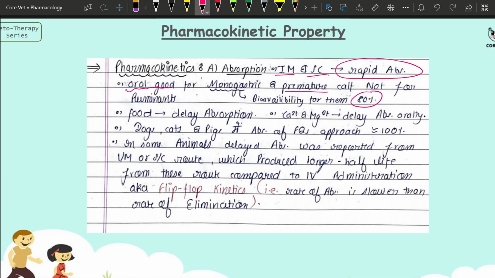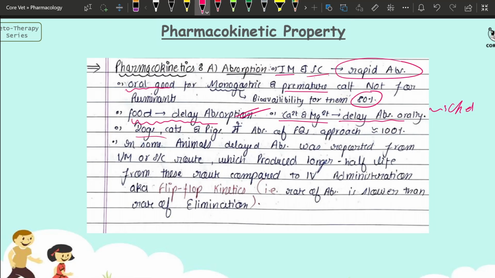Similar to the tetracycline, there are two features: the food delays the absorption, and the calcium and the magnesium delay absorption when given orally, because it will lead to chelation. Likewise in the tetracycline. The calcium and the magnesium salts are going to chelate the fluoroquinolones and decrease the oral availability of the fluoroquinolones.